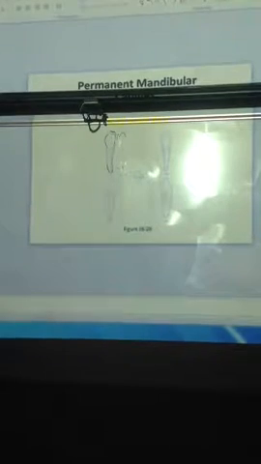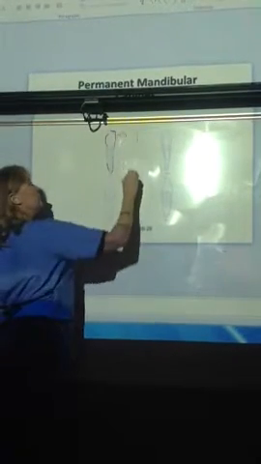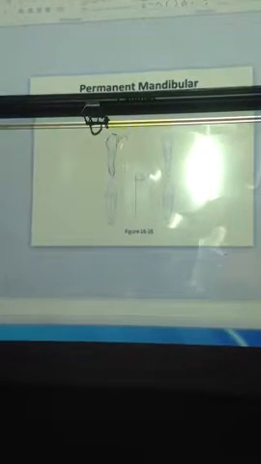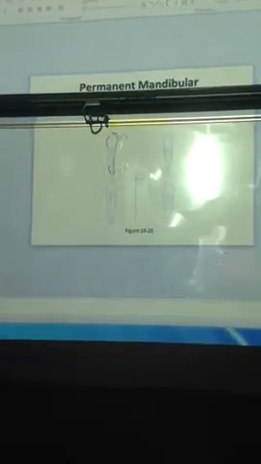Is that a maxillary or mandibular? Mandibular. If that's my mesial side and I line it up to the midline, is it number 22 or number 27? 27. It's going to the right. That's 27. It's left, isn't it?